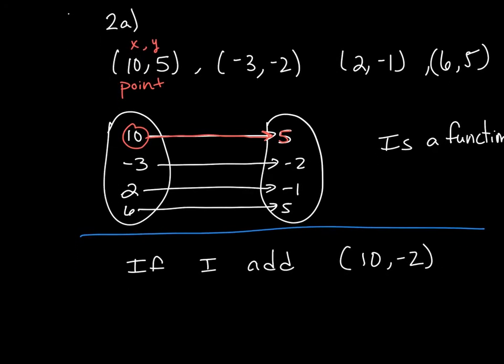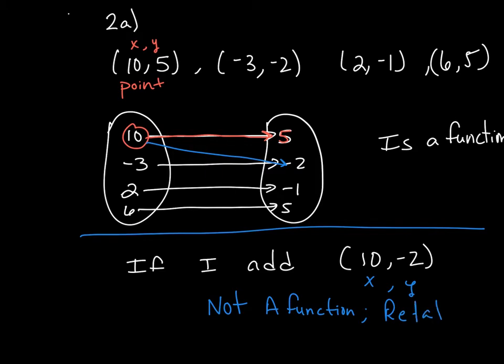This is my x value, correct? And this is my y value, which is -2. So that means now 10 could go 2 places, correct? And if I did that, that would make this not a function. Then it's just called a relation. It's just a relation of points.